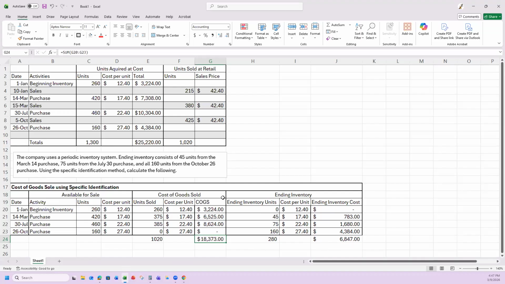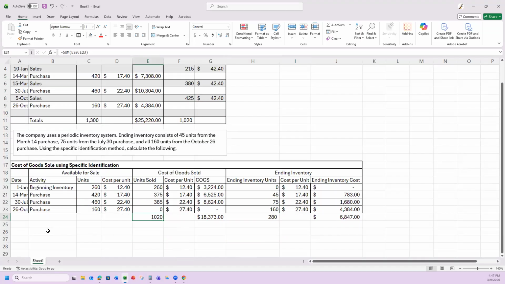This problem, problem four, also goes on to ask for the gross margin. We could do that. We have the sales price. So we could say, okay, we have 280 units in the end, and we sold 1,020 of those units.